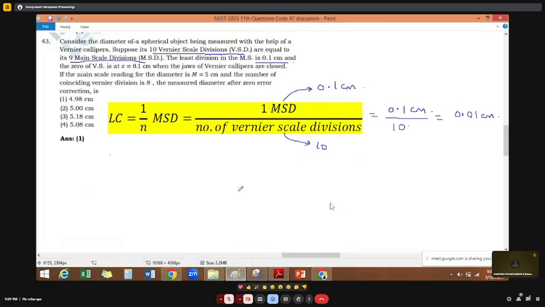Very, very simple problem, so please listen carefully. Vernier scale reading is equal to least count multiplied by the nth coincidence.